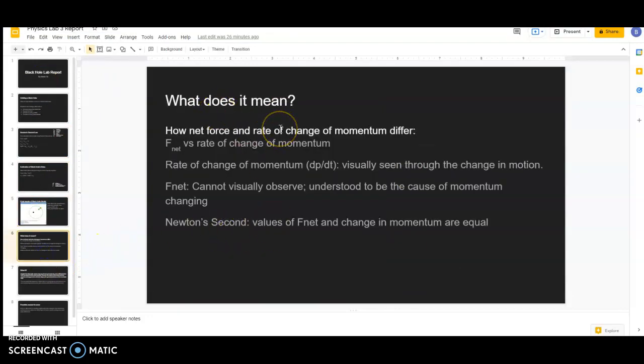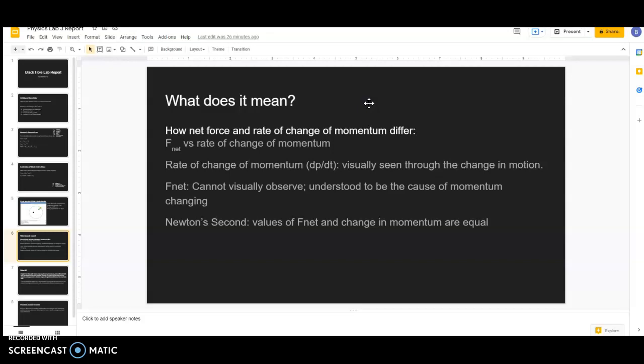As for the question of what does it mean and how net force and the rate of change of momentum differ, the rate of change of momentum, dp over dt, can be visually seen through changes in the motion, whereas the net force cannot be visually observed and is instead understood to be the cause of momentum changing.